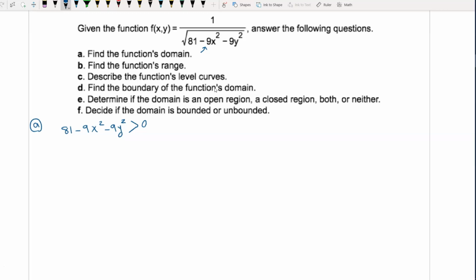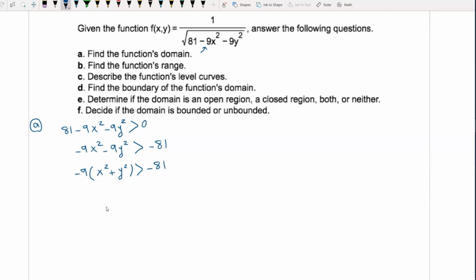Because of having this in the denominator, we cannot have this equal to 0. So here is 81 minus 9x squared minus 9y squared greater than 0. So here is negative 9x squared minus 9y squared greater than negative 81.